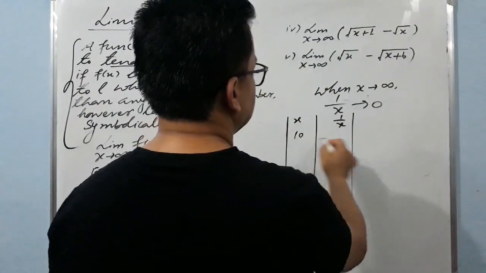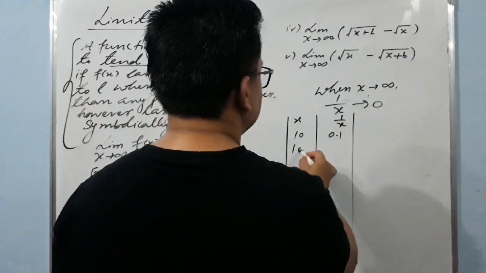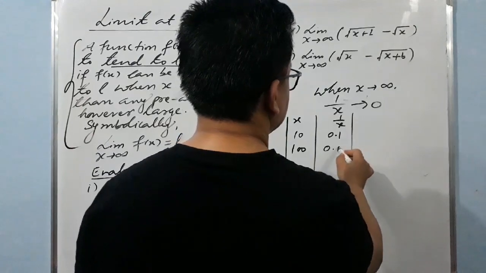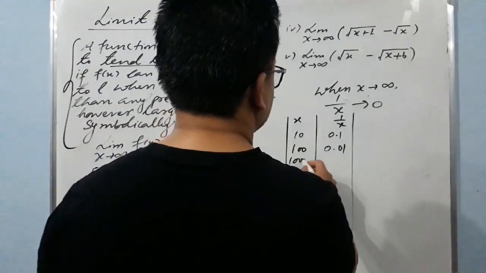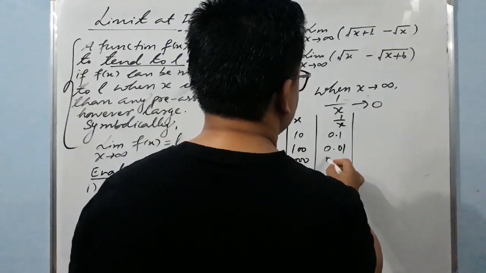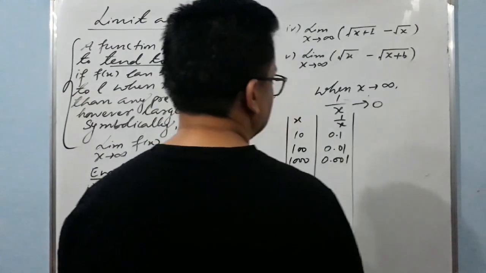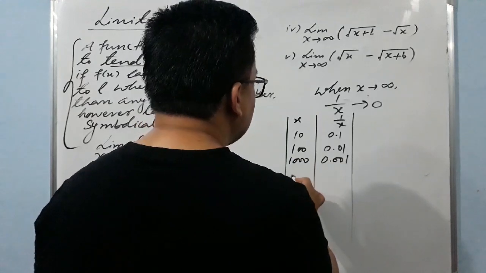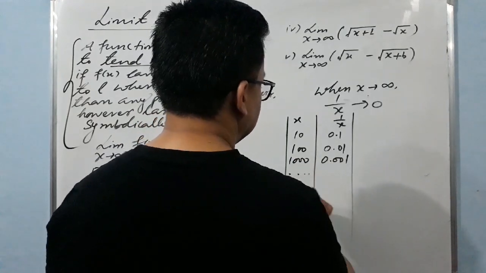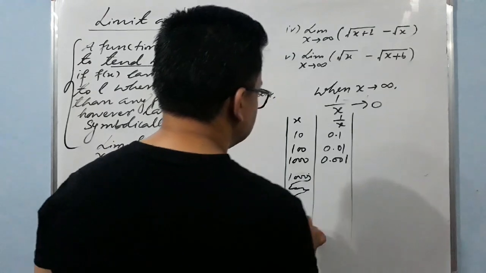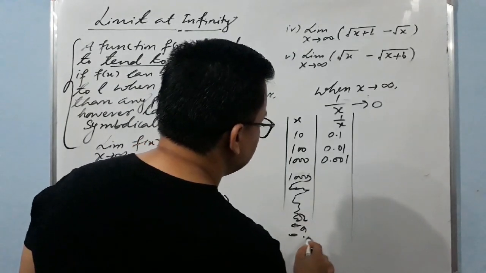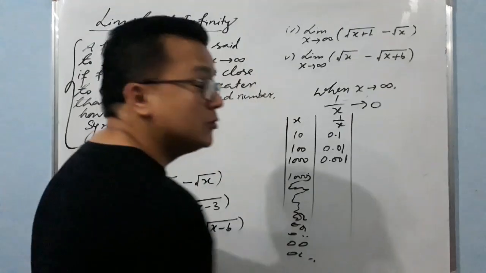Let's start with x as 10, then 100, 1000, and so on. So 1 upon 10 is 0.1, 1 upon 100 is 0.01, 1 upon 1000 is 0.001, and so on.